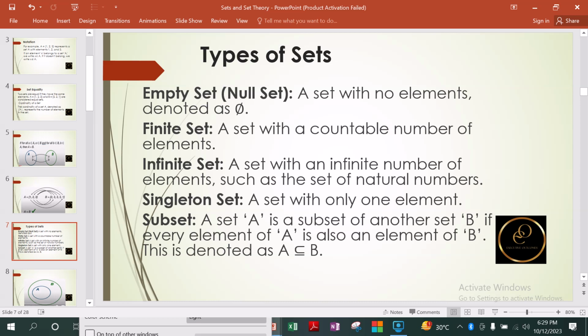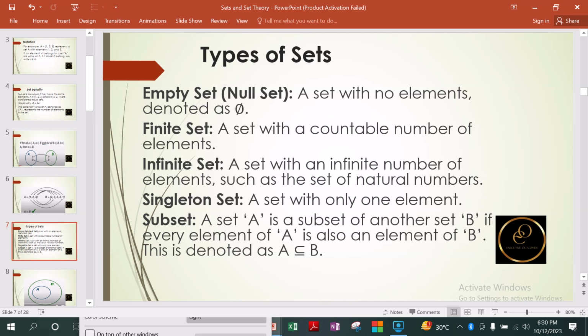We also have what can be referred to as a subset. A set A is a subset of another set B if every element of A is also an element of B. This is denoted by this symbol.